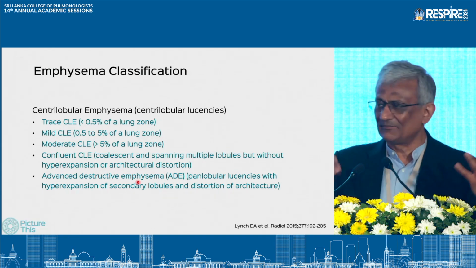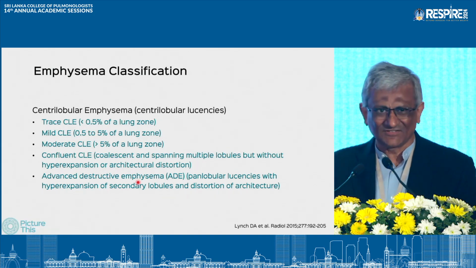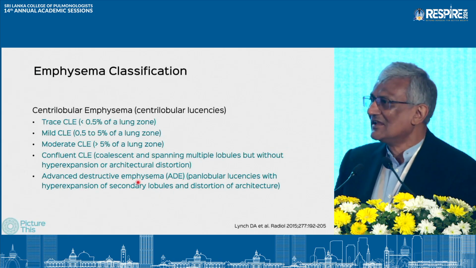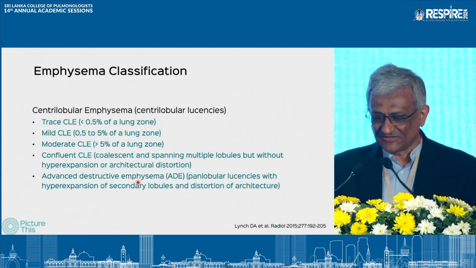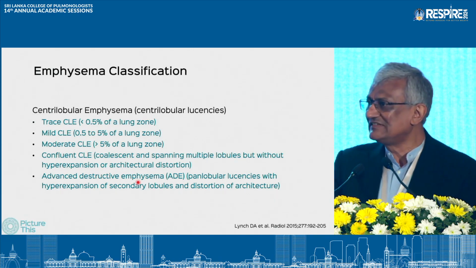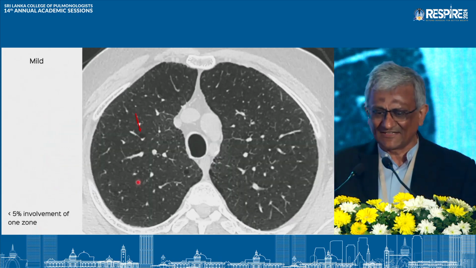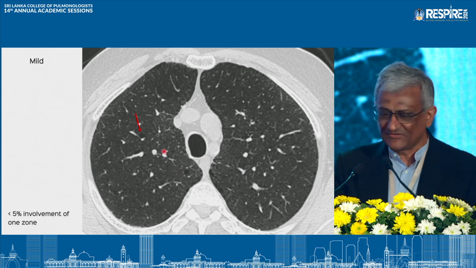Lynch's group came out with a classification system, again to just bring some structure to all the research that was going on, but we do use these terminologies in practice, and I'll just show the examples to you.